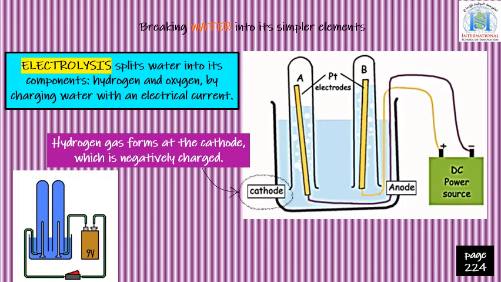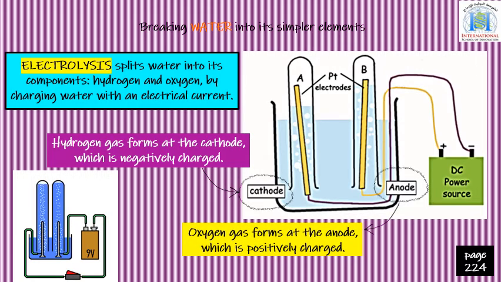Hydrogen will appear at the cathode when electrons enter the water. So the cathode is the negatively charged electrode. And oxygen will appear at the anode, which is the positively charged electrode. The amount of hydrogen generated is twice the amount of oxygen.